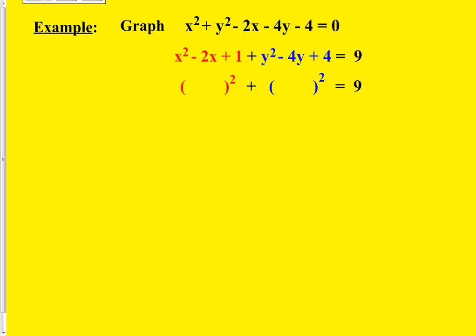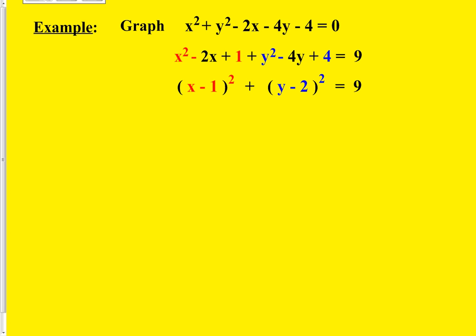Also keep in mind that the sign between the two terms in each binomial comes from the b term, the first dimensional term. In the x's, the negative in front of the negative 2x means our binomial is going to be subtraction. On the y binomial, the negative in front of the 4y also means subtraction for our binomial.